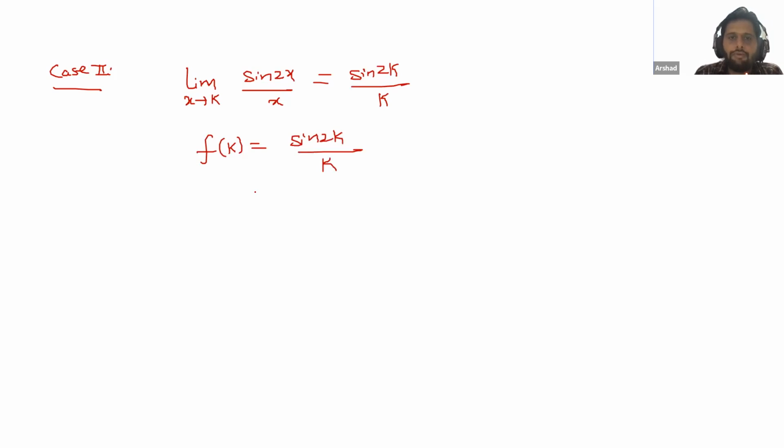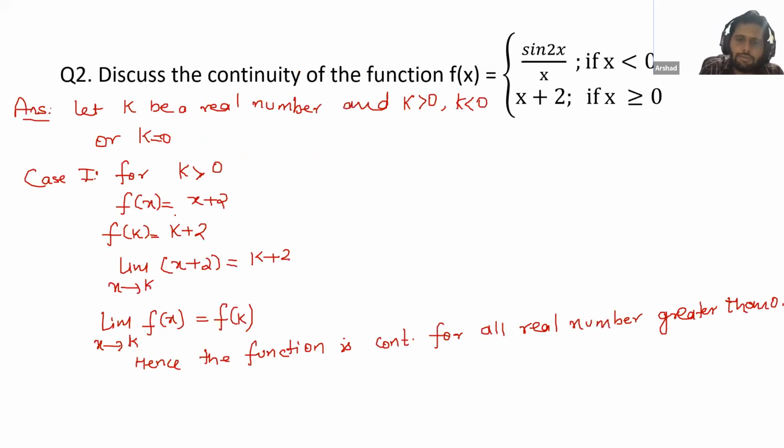Yes, sir. Okay, so actually in the first and second case, the function will always be continuous. The problem arises only in the third case, that is equal to 0. So please let me know once it is done.